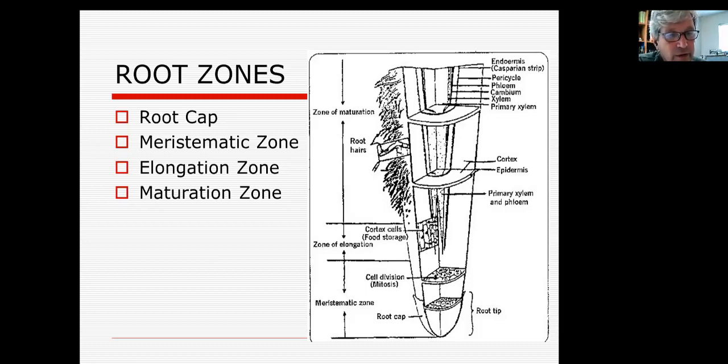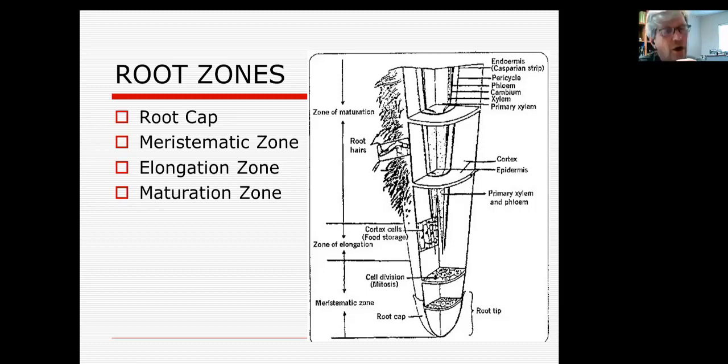As these get bigger, it's like taking a balloon and filling it up. It pushes whatever's at the tip down. So it's pushing this area down into the soil. And that's why you need that root cap to protect the area where the cells are dividing. So these are undifferentiated cells at the root tip. And these are expanding, that elongation zone.